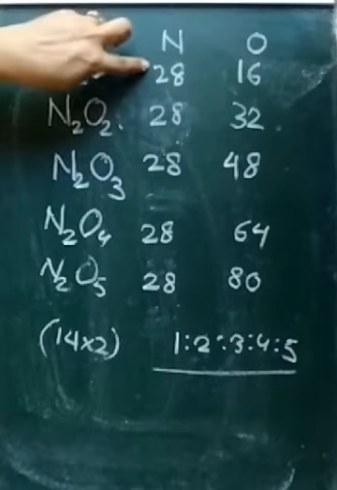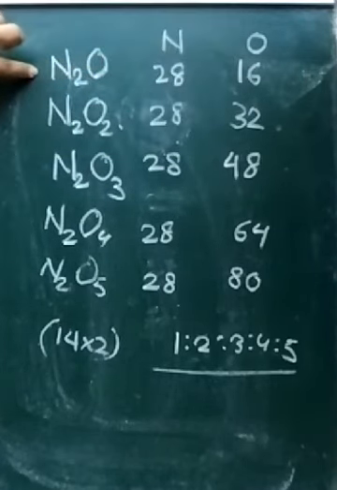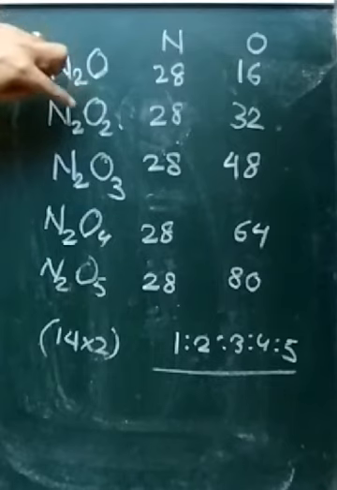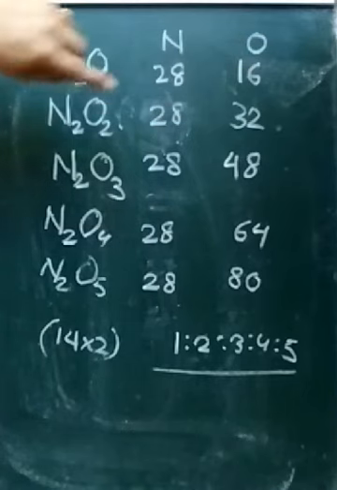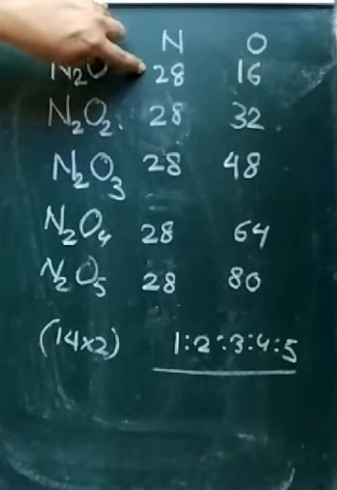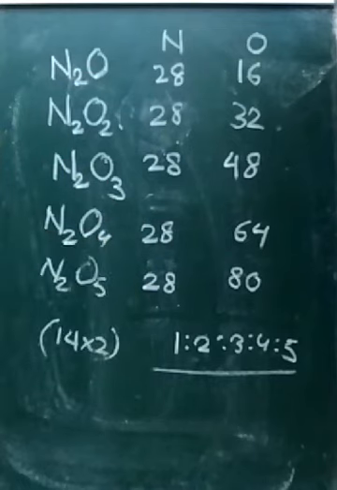So a fixed mass of one element is combining with different masses of another element, making more than one compound. We find that the different masses of the element combining with a fixed mass of another element bear a simple whole number ratio. This is the law of multiple proportion.